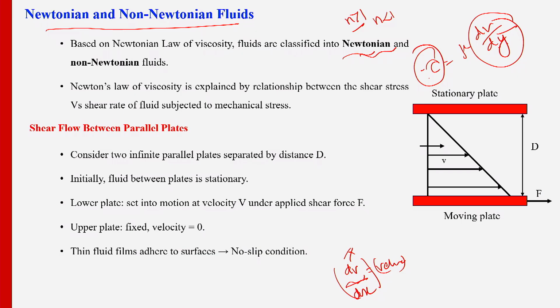So, here is a simple example of the shear flow pattern, the parallel plates. Initially both plates are stationary, kept as they are. Consider two infinite parallel plates separated by a distance d. Initially both plates are stationary.